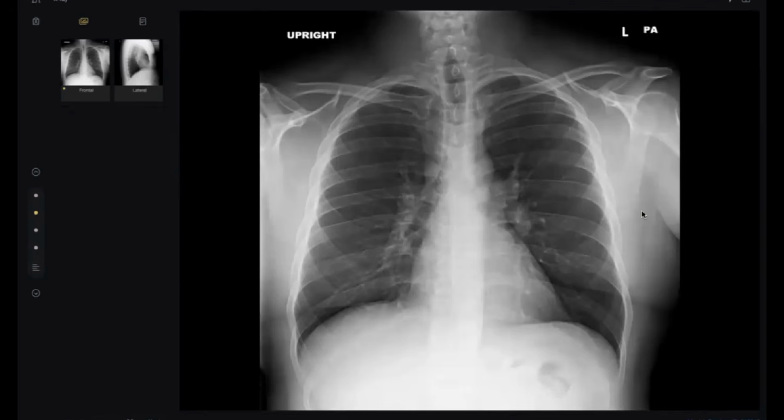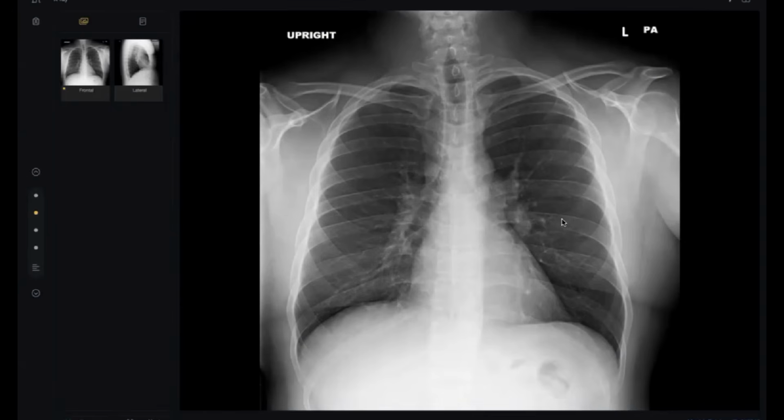So what do you think? Sir, keeping the sequential images, I can think of Wegener's granulomatosis. Did you find any clue for Wegener's here? Sir, I do not find any cavitary lesions in both lung fields. Okay. What did you find here?